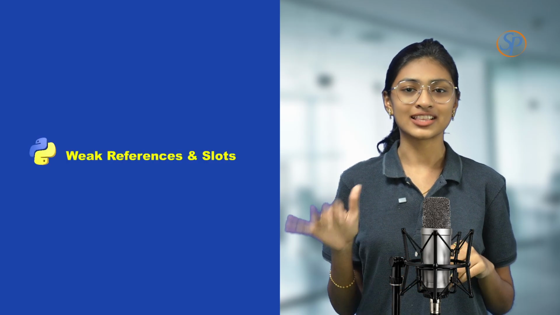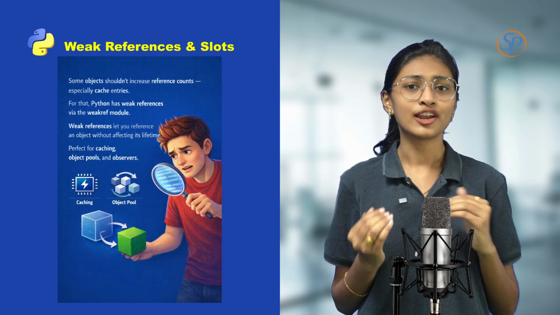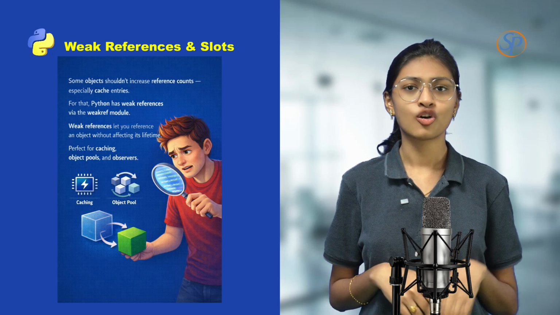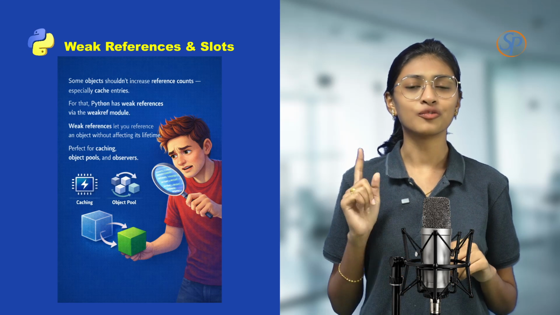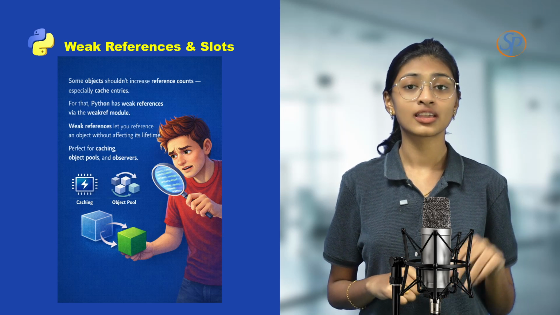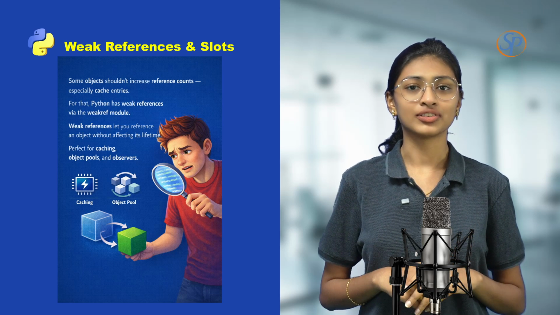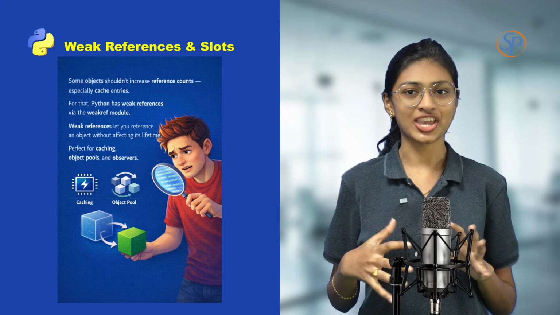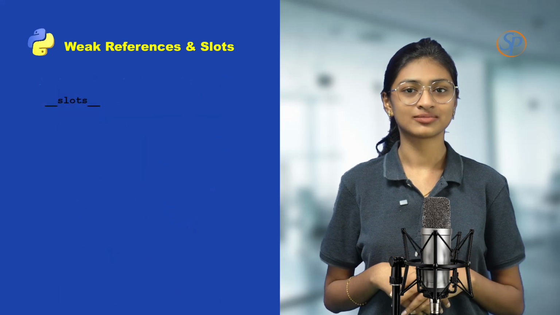Weak references and slots. Some objects shouldn't increase reference counts, especially cache entries. For that, Python has weak references via the weakref module. Weak references let you reference an object without affecting its lifetime. Perfect for caching, object pools, and observers.